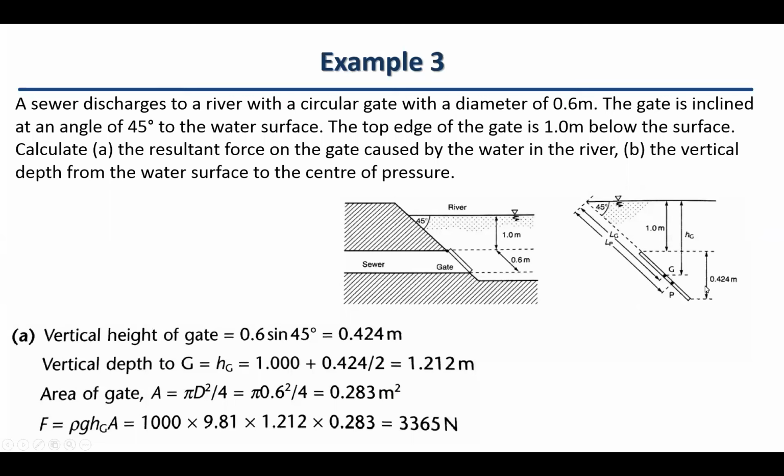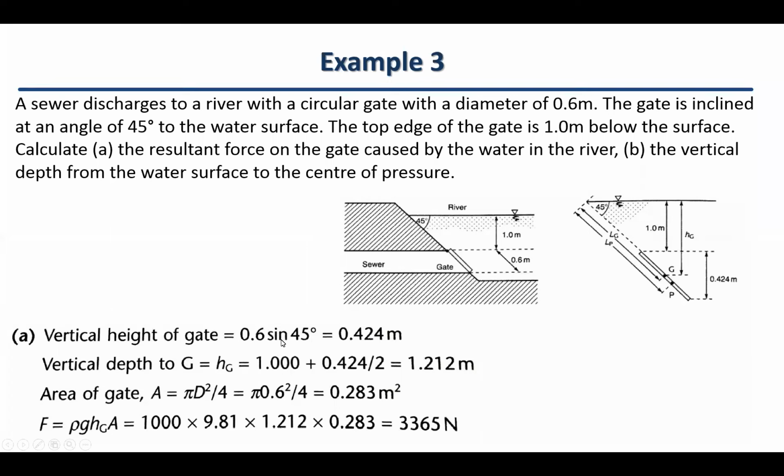So for the vertical height of the gate, by using trigonometry, we can see that the vertical one looks like a triangle with a right angle. So you can use 0.6 times sine 45. It's like a triangle shape.